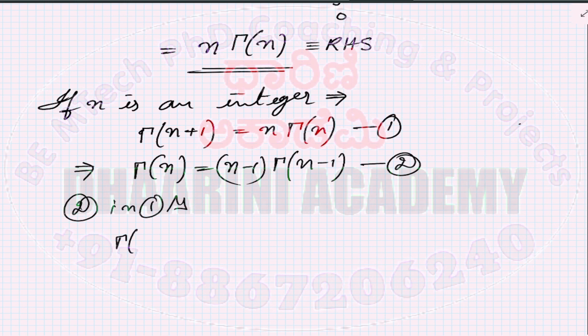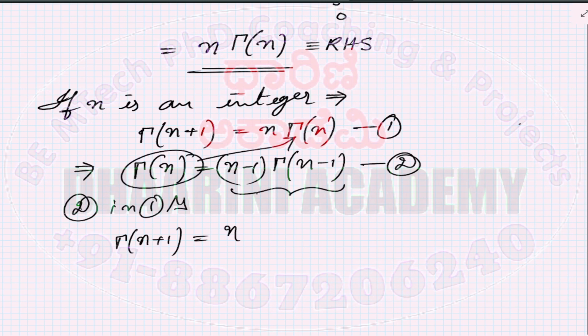The gamma of n plus 1 is equal to, there is an n initially in equation number 1, and gamma of n here, which can be replaced by n minus 1 gamma n minus 1. So I substitute that now.